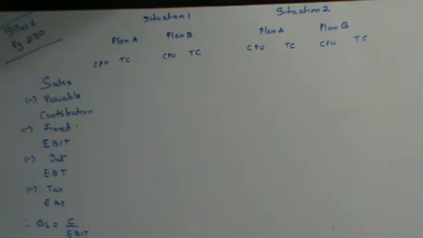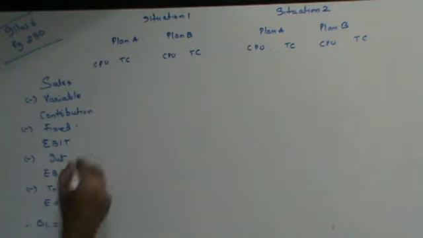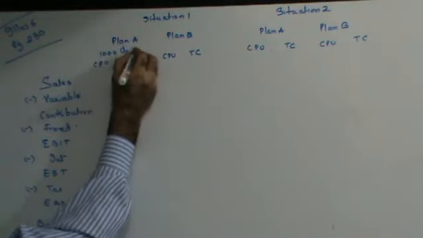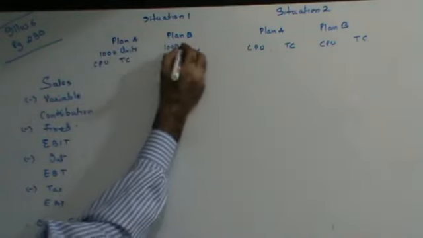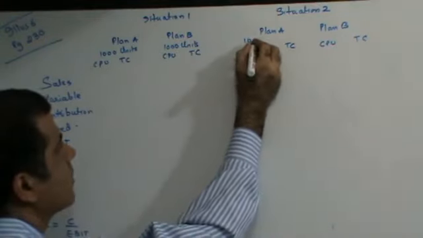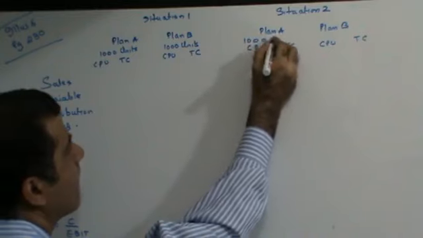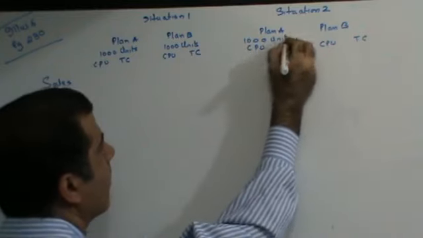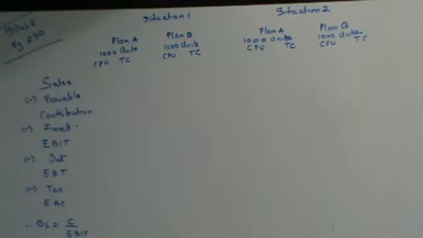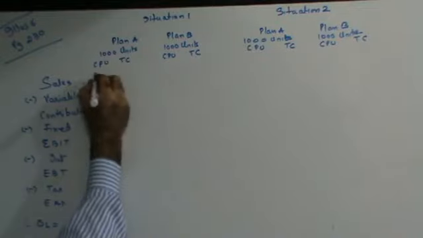Now they've given you that installed capacity is 2000 units. Actual production is only 50%. So you could produce 2000 but you are producing only 1000 units. Right? They've given you that selling price per unit is 20.